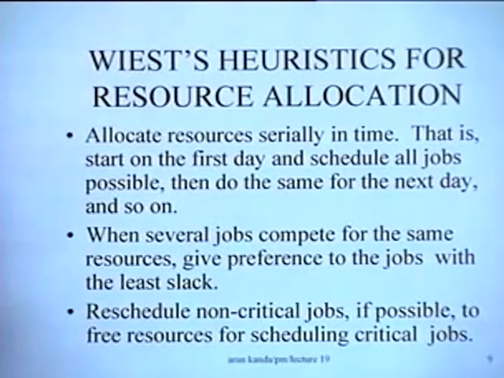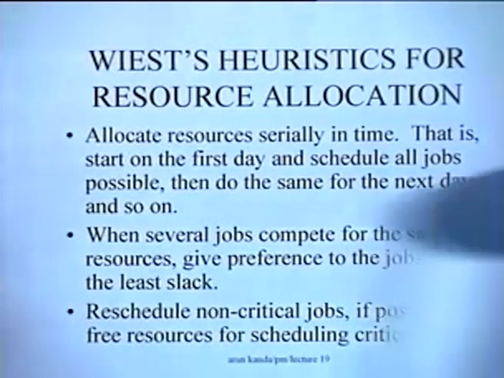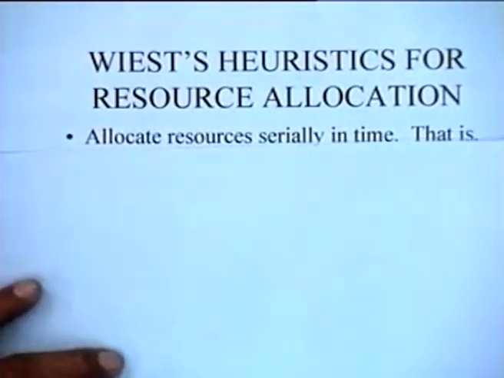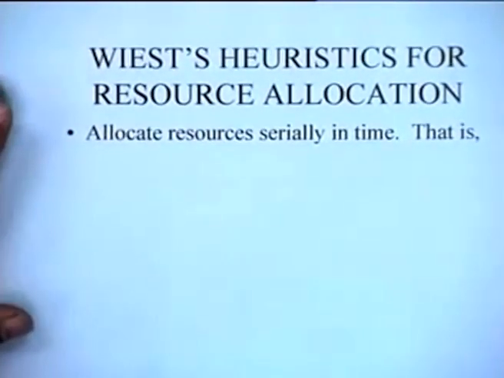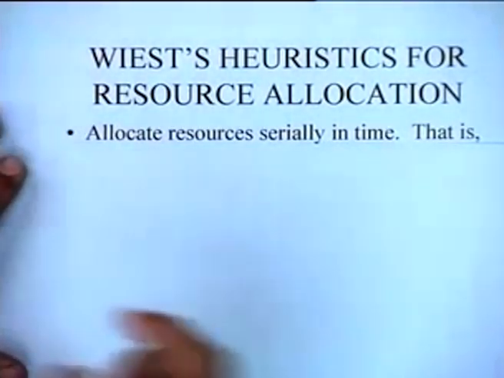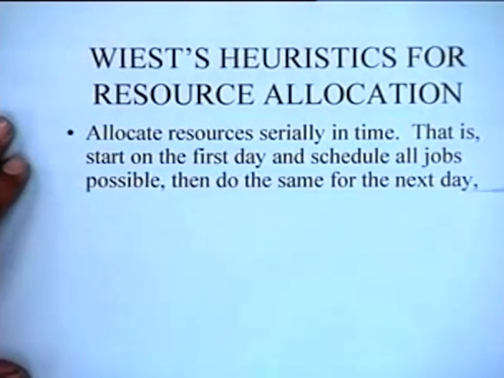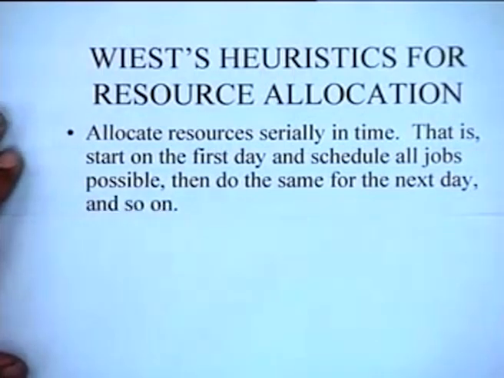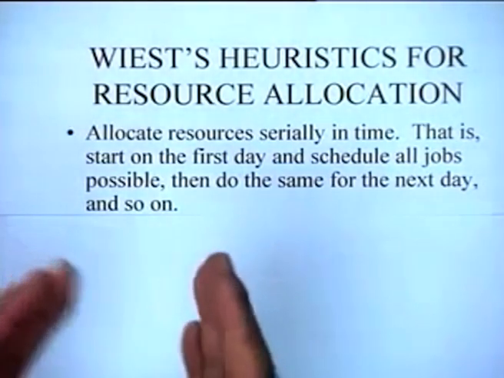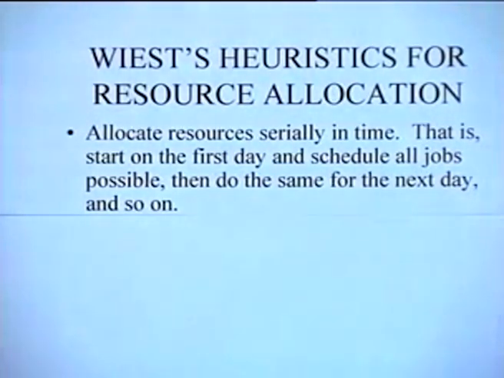The first rule simply says allocate resources serially in time, that is, go from one day to the next day. Start on the first day and schedule all jobs possible, then do the same for the next day and so on. So basically we are moving from the first day to the second day to the third day and so on. Very simple. That's the first heuristic.